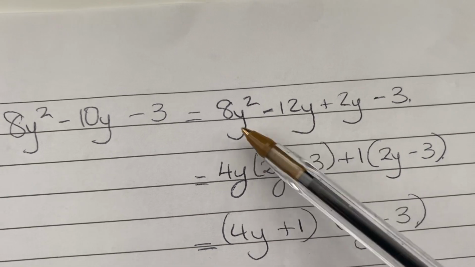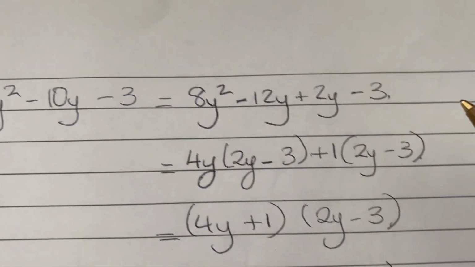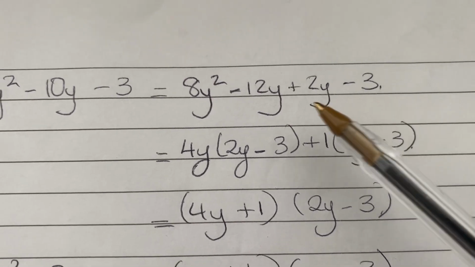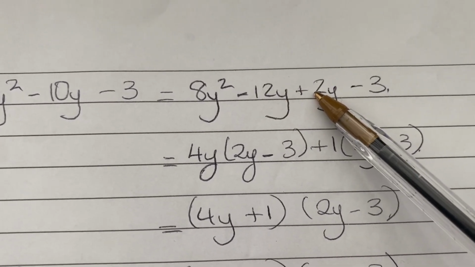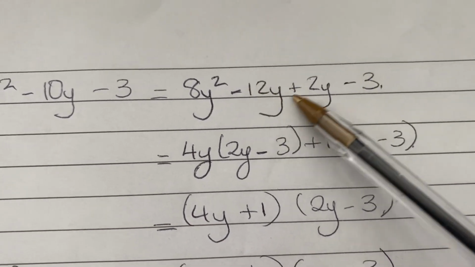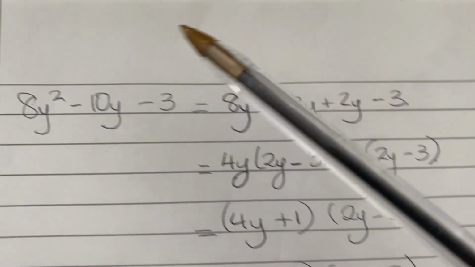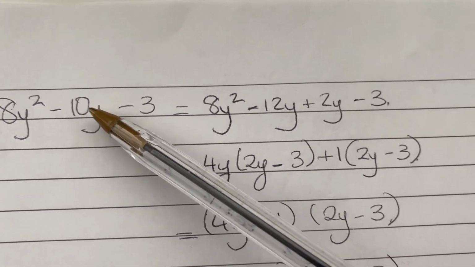Okay, so now 8 times minus 3 is minus 24. So I need two terms which, when I multiply together, will give me minus 24, and when I add up, will give me minus 10, which is my middle term.